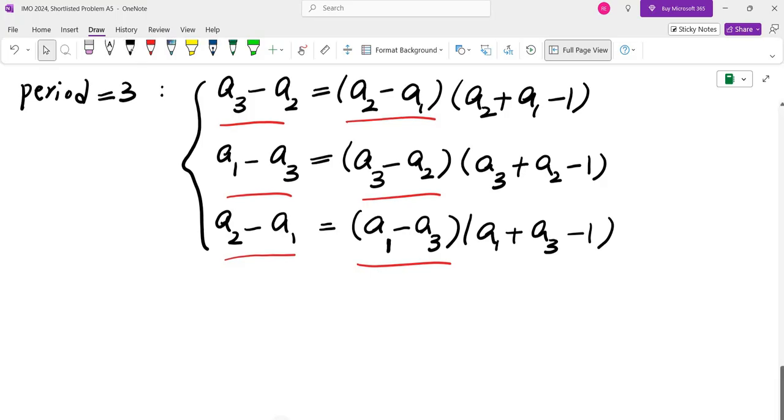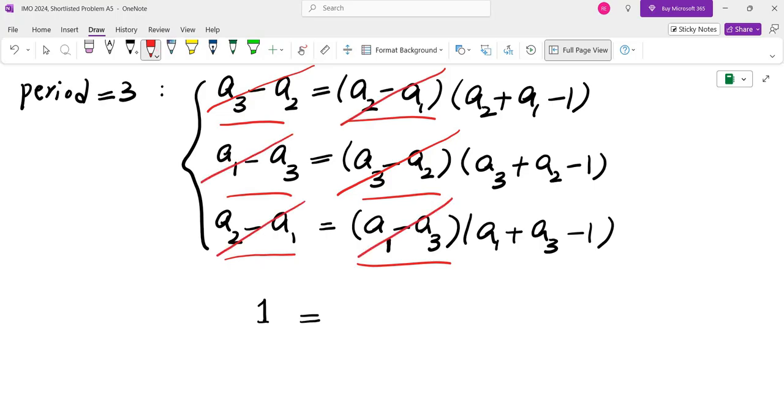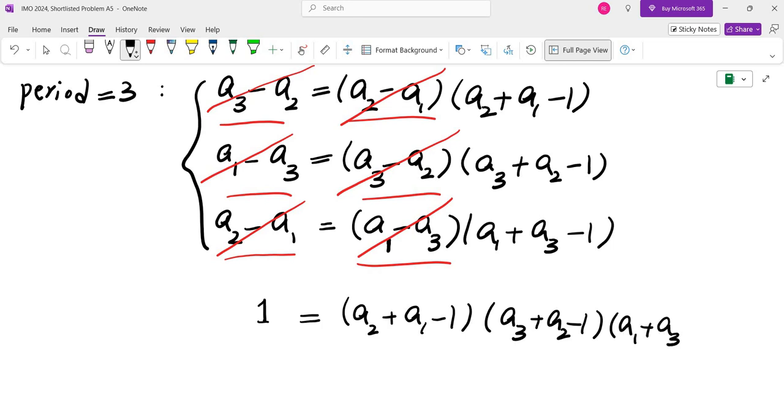So multiplying them out, we get 1 equals, so if you look at these three terms, A3 minus A2 cancels, A2 minus A1 cancels, and A1 minus A3 also cancels. So we get 1 equals A2 plus A1 minus 1, times A3 plus A2 minus 1, times A1 plus A3 minus 1.